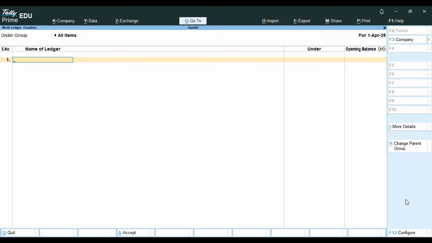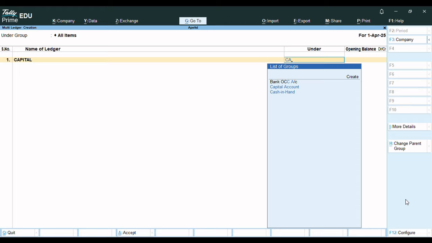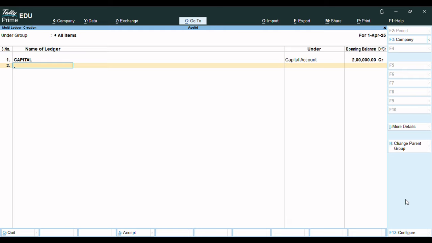Now in this question, given is capital, under capital account, then amount is 2 lakhs. Second is your profit and loss account, and third is your creditors. Is it clear?